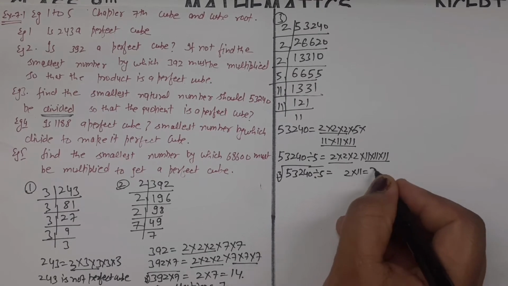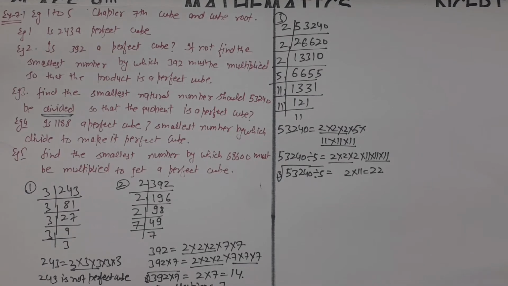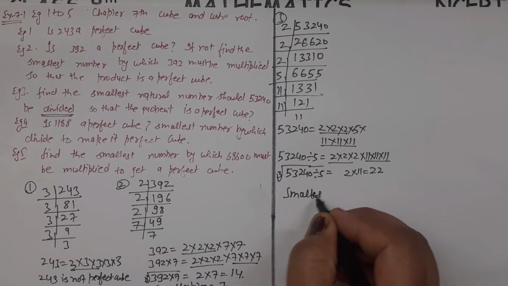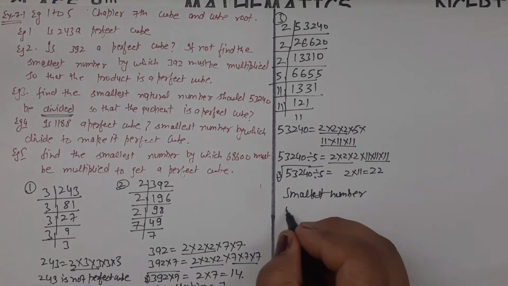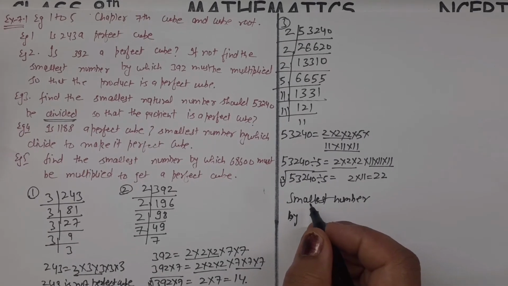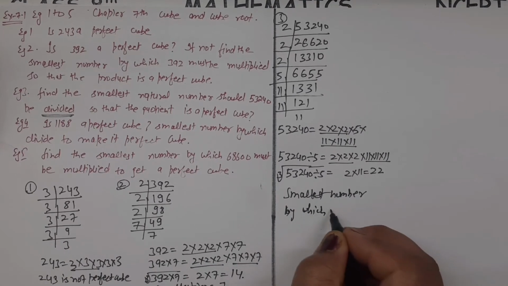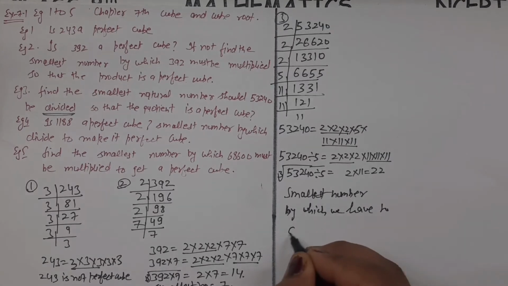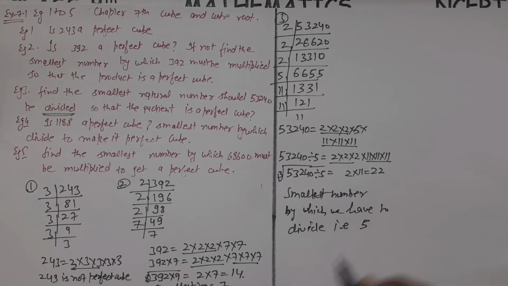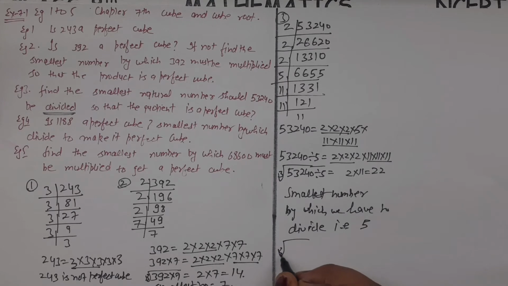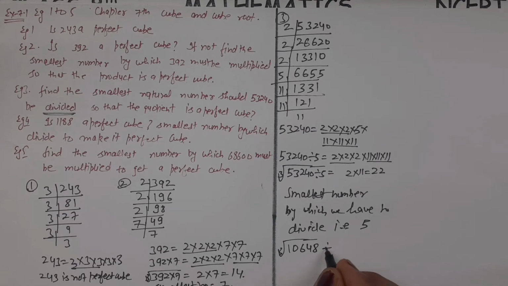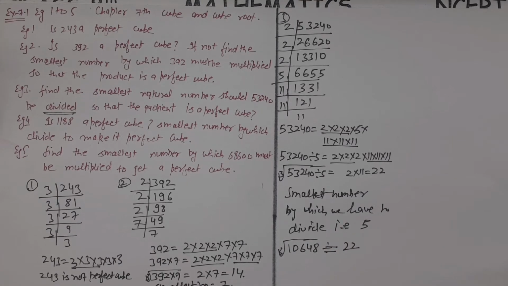We have the answer 22. The smallest number by which we have to divide is 5, and after division we have 10,648, and its cube root is 22.